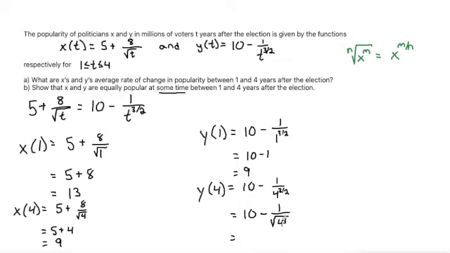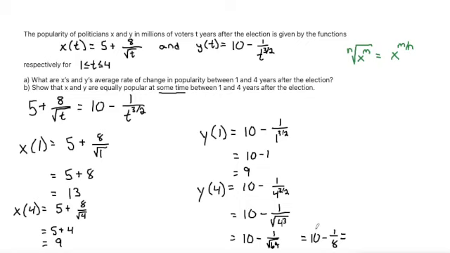So then 4 to the power of 3 is 64, so this would be 10 minus 1 over the square root of 64, which is, the square root of 64 is 8, so that would be 10 minus 1 over 8, which would simplify.